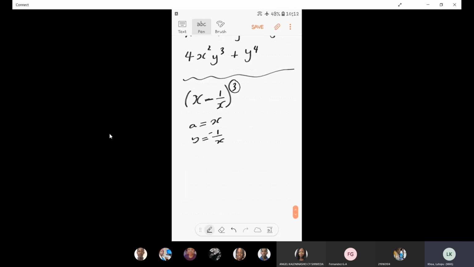Then you just substitute. So I start with 1. Then this is x to the power of 3. And then I have minus 1 over x to the power of 0.